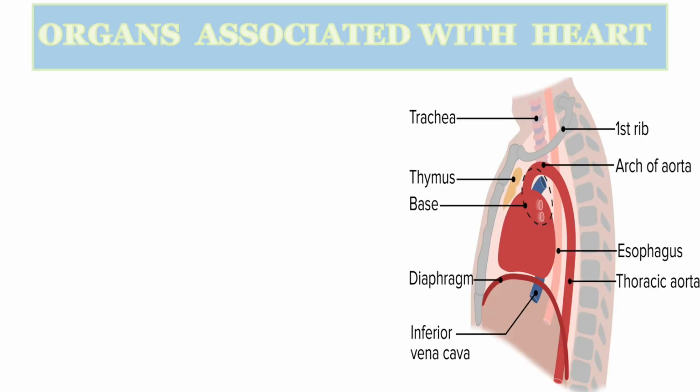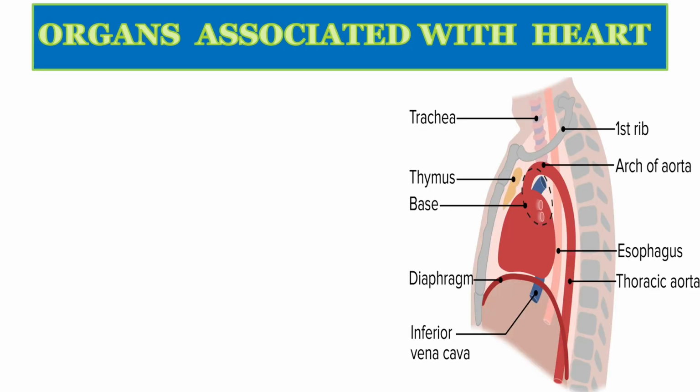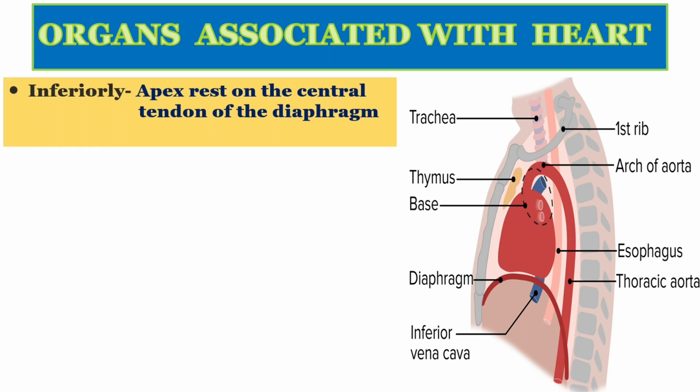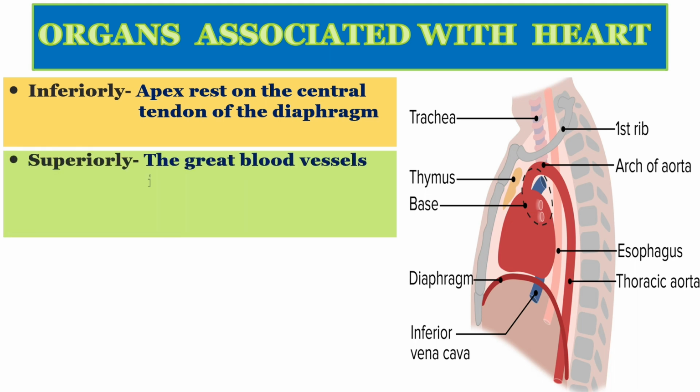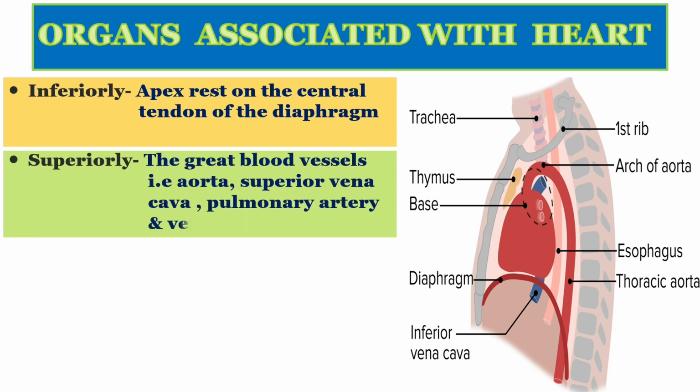Now let us see the organs associated with the heart. That means which organs come in front of the heart, behind the heart, under the heart, etc. So we start inferiorly, that is below the heart, which is the central tendon of the diaphragm. Then superiorly, the upper area of the heart, are the great blood vessels, that is the aorta, superior vena cava, and the pulmonary artery and pulmonary vein.